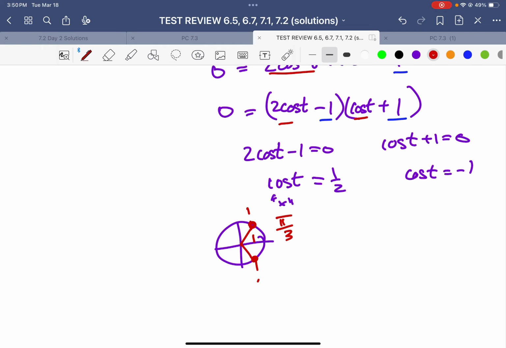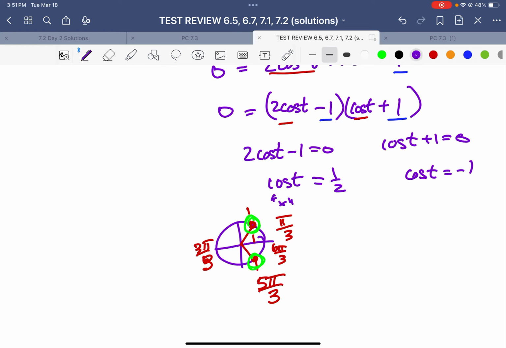That's where you're going to get 1/2. And then if I have the same reference angle down here, instead of 3 pi over 3, this one's going to be 6 pi over 3. So if I back up 1, this is 5 pi over 3. So I'm going to have my 5 pi over 3, my pi over 3.